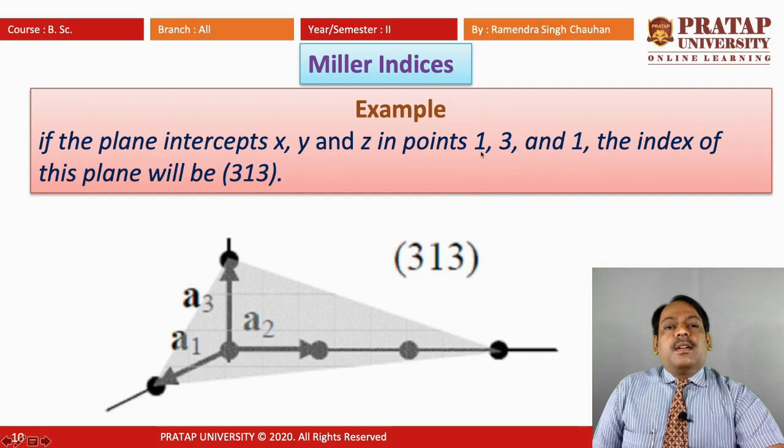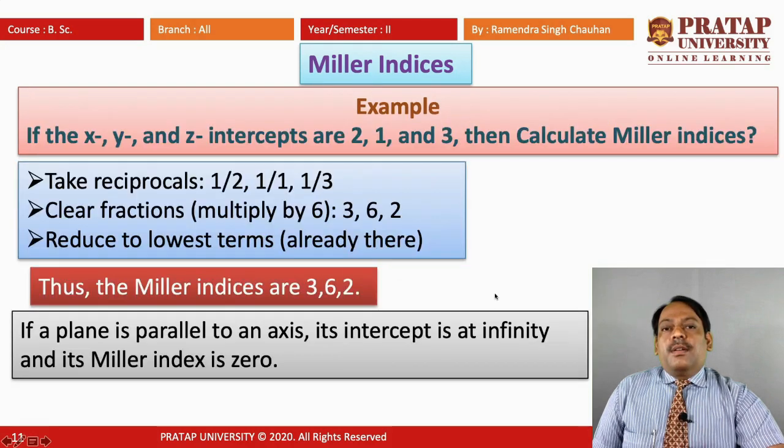So, we will get 3, 1 and 3, and we know that 1 and 3 are both prime, so this is the simplest form. Hence we determine this plane, which we can see here as the shaded portion. This plane will be the 3, 1, 3 plane, where we have 1 unit along this axis, 1 along this, and 3 along this, 1, 2, 3. So, this will be the 3, 1, 3 crystal plane.